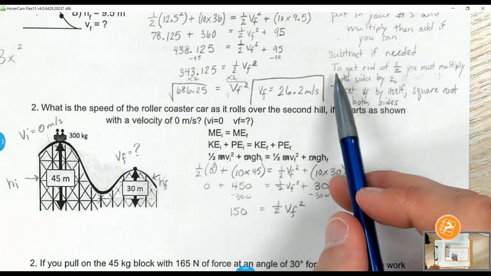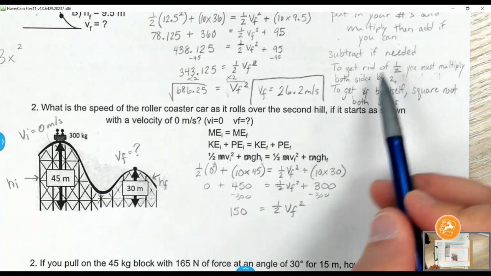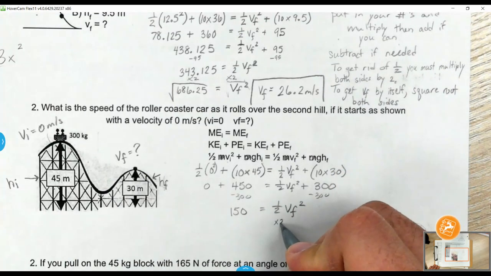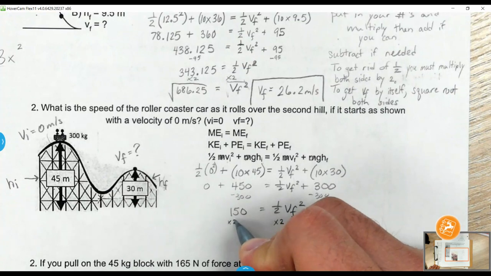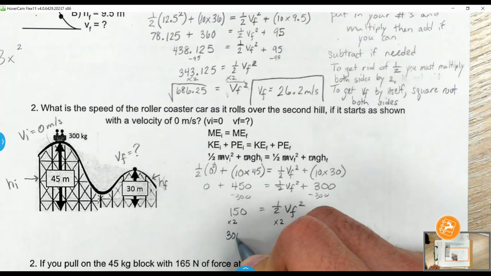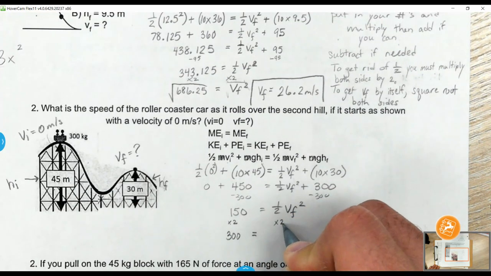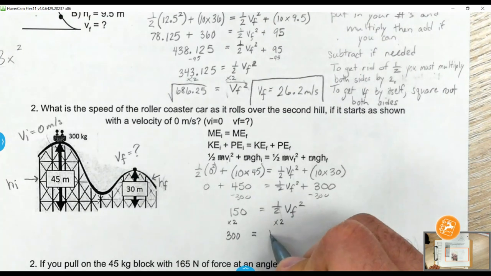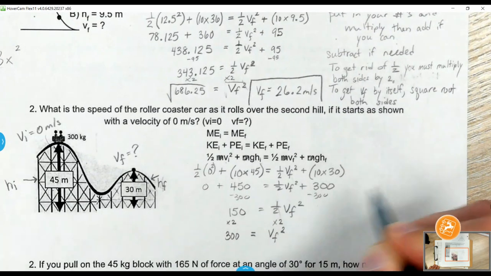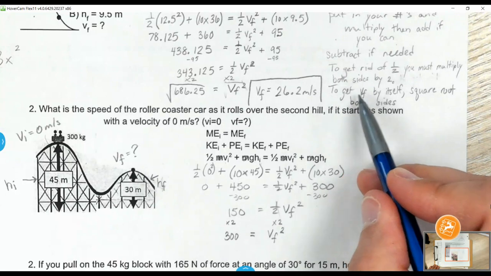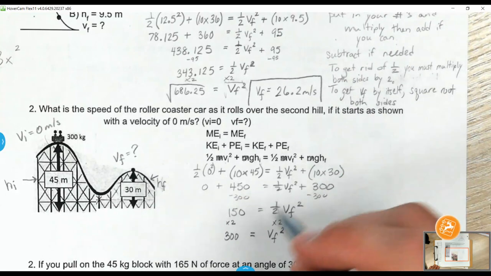And then here, to get rid of 1/2, you must multiply both sides by 2. 150 times 2 is 300. This times 2 gets rid of the 1/2, so you're left with VF squared. To get VF by itself, square root both sides.